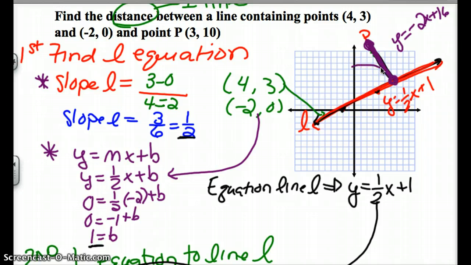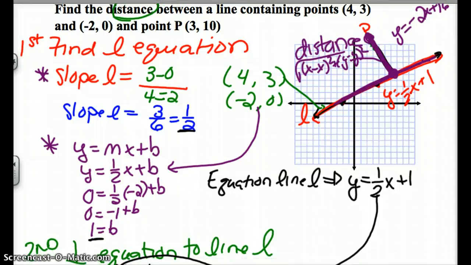So I would like to find the distance. I'm going to use my distance formula, but I need to figure out where these two lines intersect. So I'm going to need to do a substitution or elimination. Let's go ahead and do our next step.